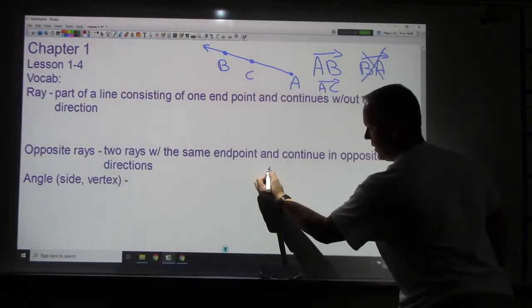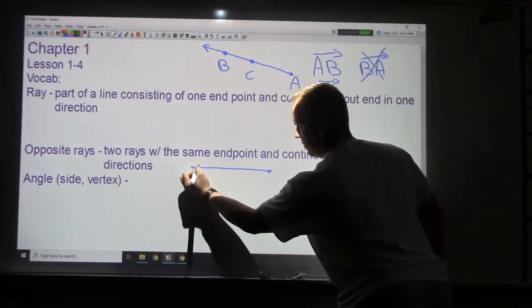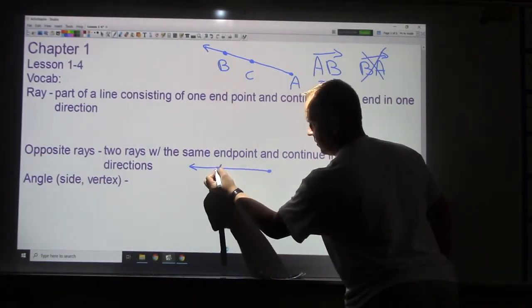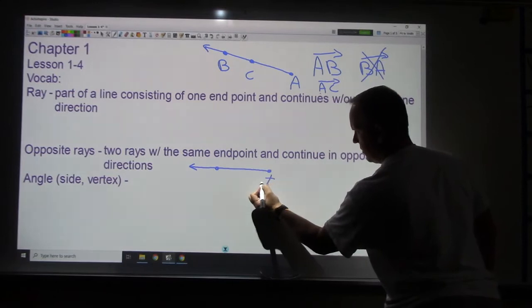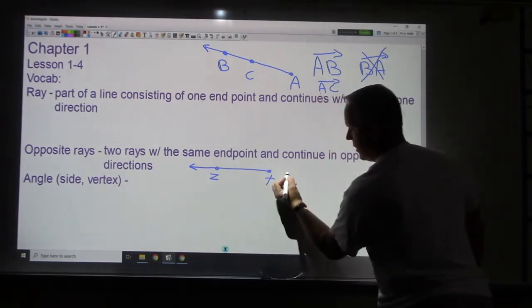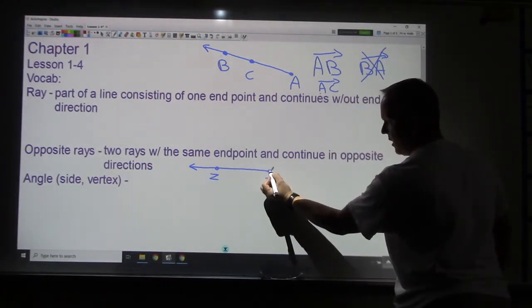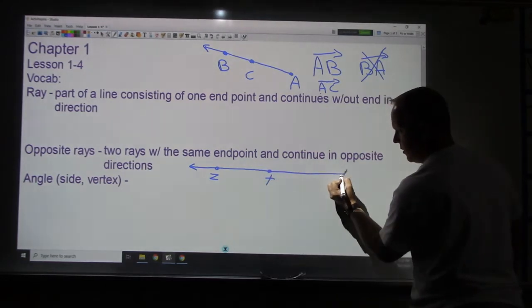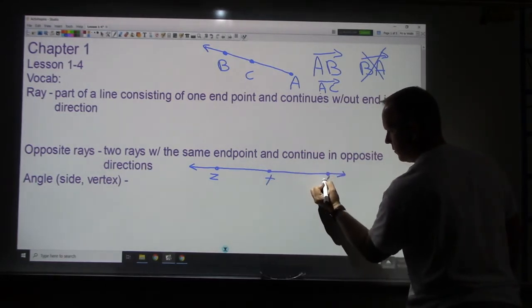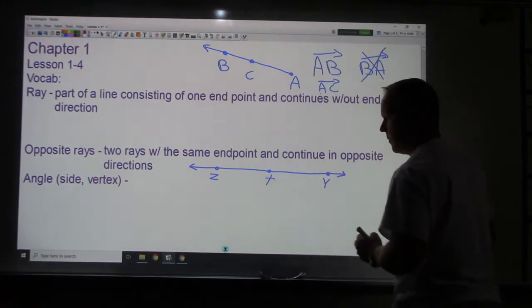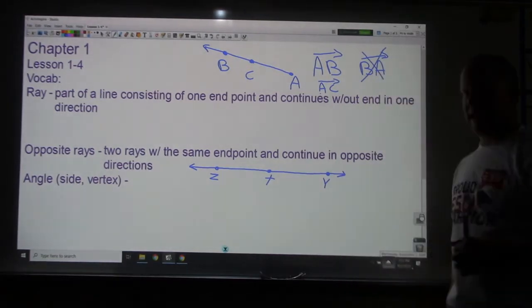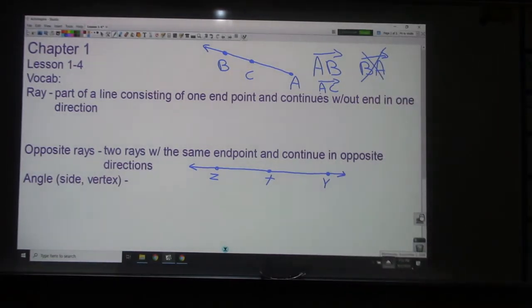If I have a ray here going this way, I'm going to call it ray XZ. An opposite ray would start at X and go this way. So ray XZ and ray XY are now opposite rays.